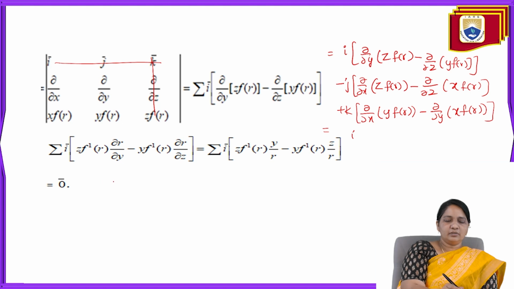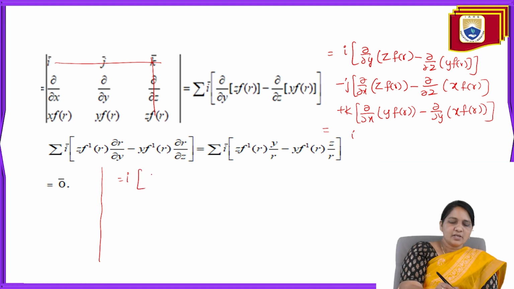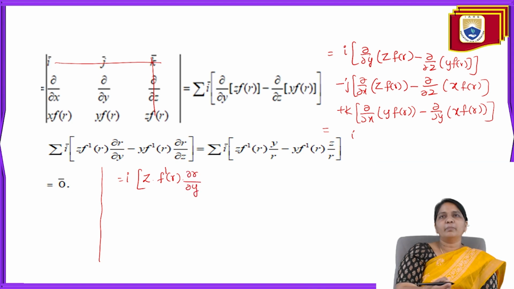I can write here. ∂/∂y of z f(r). That means z is the constant. So for f(r), we get f'(r), and for r, ∂r/∂y.